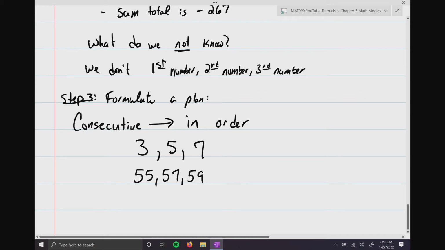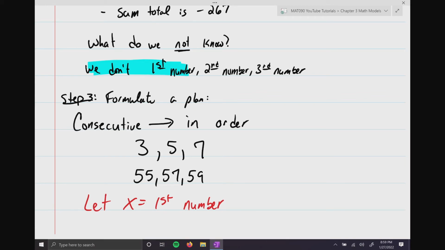But here's the thing. We don't know the first number. And when we don't know something in math, we're going to let x equal the first number. We're going to assign it a variable. So if we go back to this 3, 5, 7 or the 55, 57, 59, this consecutive order of odd numbers, all you got to do is ask yourself, well, if you start at 3, how do you get to 5?